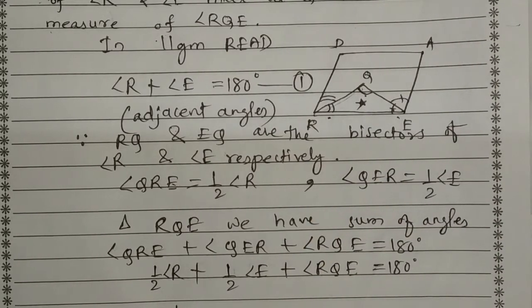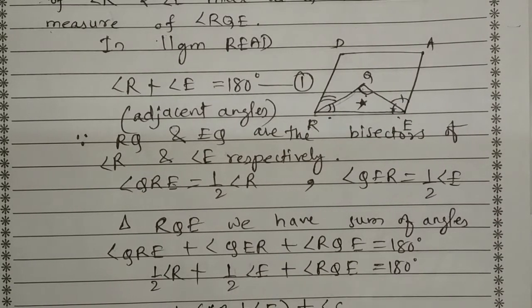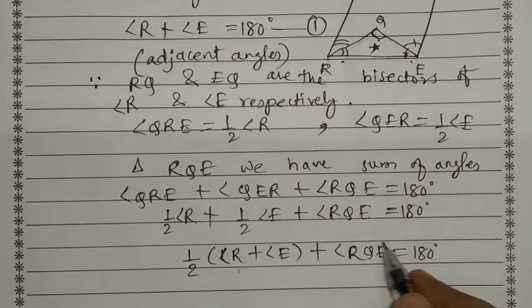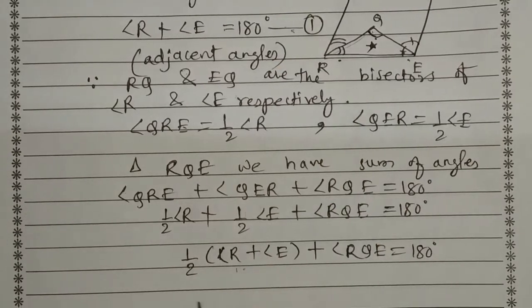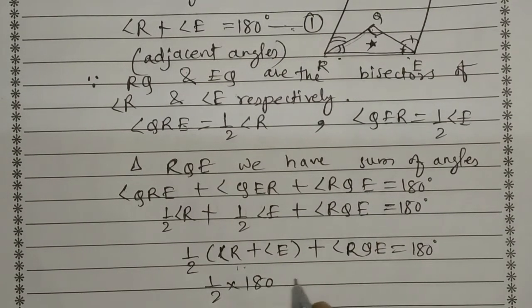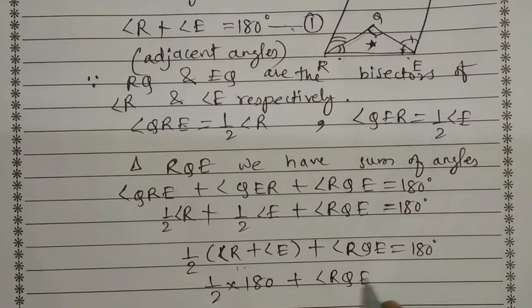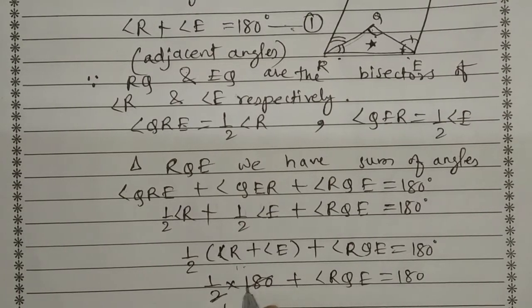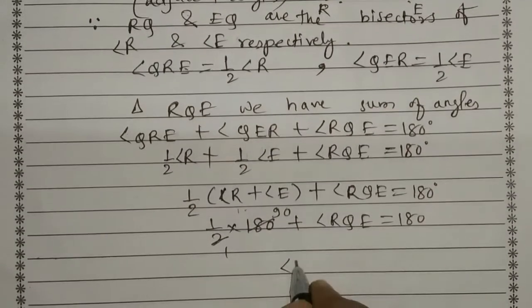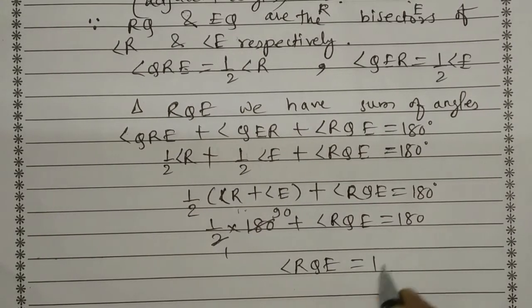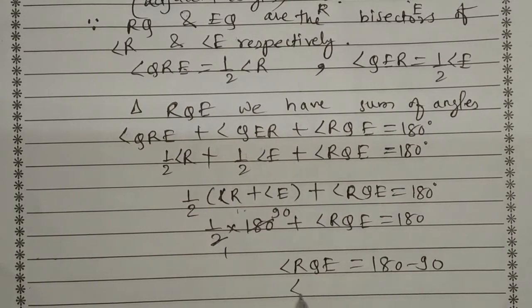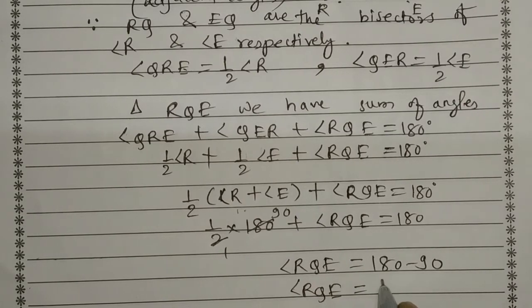Here we'll take this half common, and in the bracket we'll write angle R plus angle E. And from equation 1 we know that this is 180 degrees, so we'll write 180 degrees. Now we cut it and get 90 degrees. So angle RQE is equal to 180 minus 90. Therefore the measure of this angle is 90 degrees. So hence this angle RQE is equal to 90 degrees.